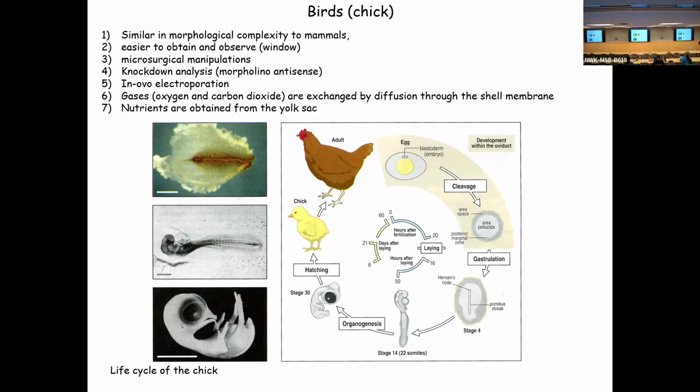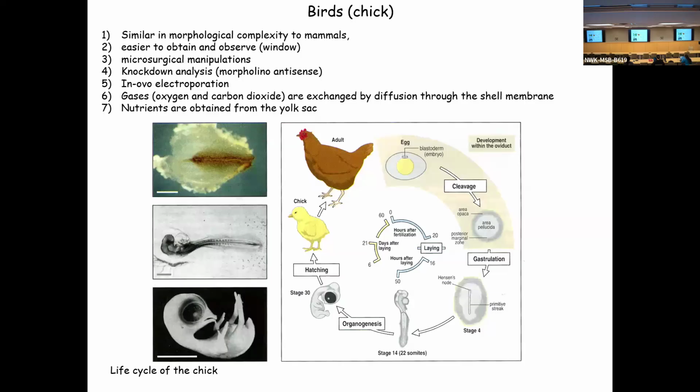And the next day, we take it out again, remove the Scotch tape, and do the analysis that we want. So this is so simple and so cool. I find the chick a very, very versatile system to study fetal development.